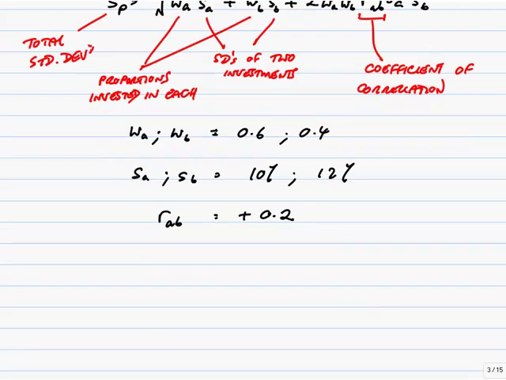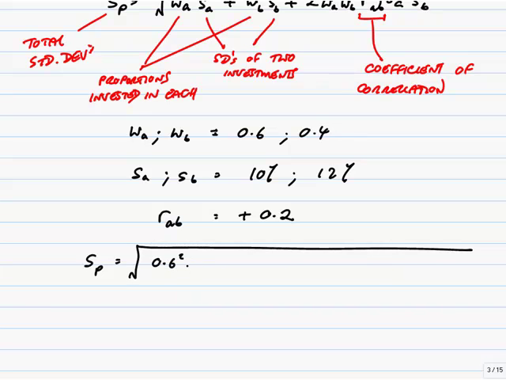It's now a question simply of sticking it in. So check me: SP, the square root of 0.6 squared, 10 squared, plus 0.4 squared, 12 squared, plus 2 times 0.6, 0.4, 0.2, 10, 12.